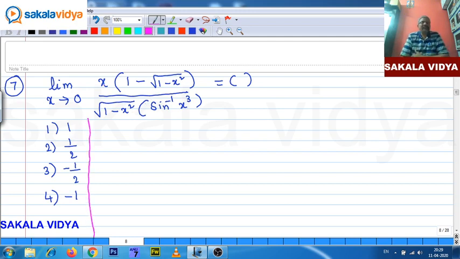So let us make a plan here. Limit x tends to 0, x into 1 minus root of 1 minus x square by root of 1 minus x square into sine inverse of x cube. Here we have 1 minus root of 1 minus x square.